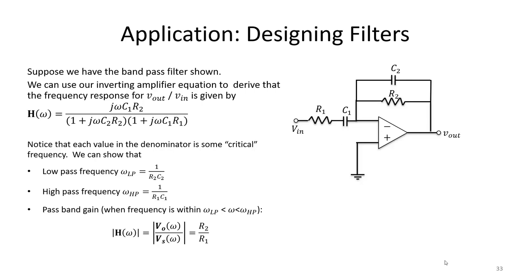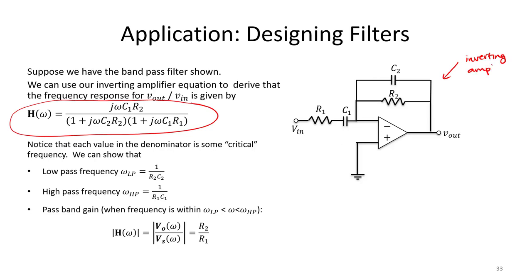This filter shown here is a bandpass filter, similar to one you may have seen in lab. And you can actually use the inverting op-amp equation to derive the frequency response for this filter.